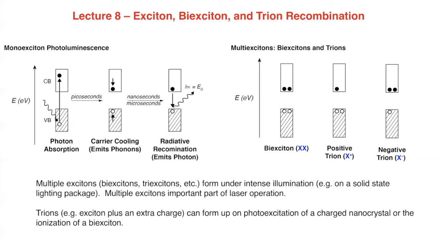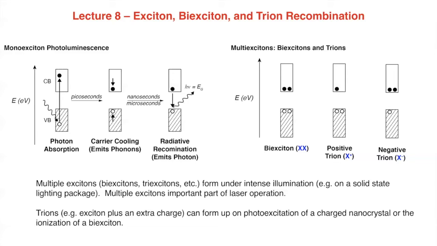If you put a quantum dot onto an LED bulb, you're trying to take a blue LED and turn it into white light LED using quantum dots. The LED will excite the quantum dots more than once. And in fact, in any kind of laser experiment, you have to turn the laser power down so you don't excite the quantum dots too much, and end up studying biexcitons instead of monoexcitons.